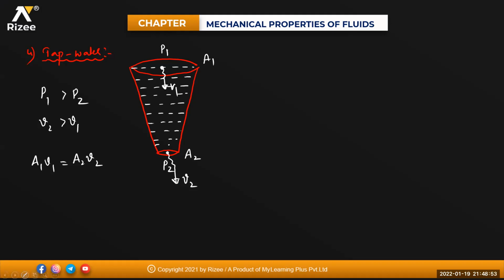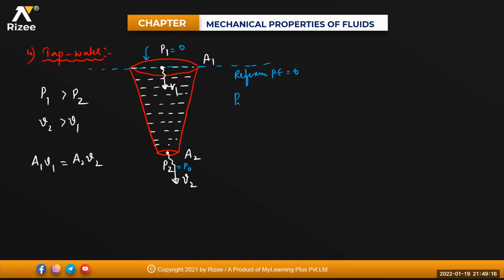So if I'm taking this reference right now, this one is your reference. At the reference, potential energy will be equal to 0, isn't it? As it is open to the atmosphere, beta, P1 will be equal to P0, and P2 is also equal to P0.